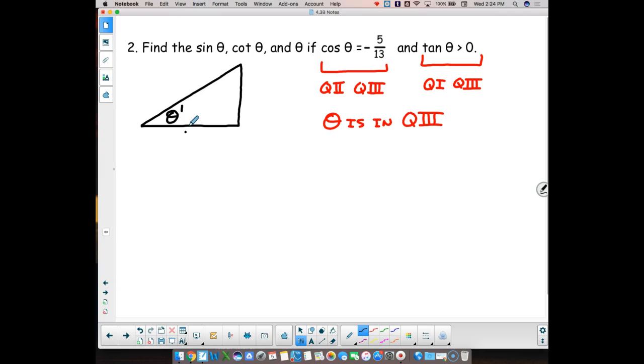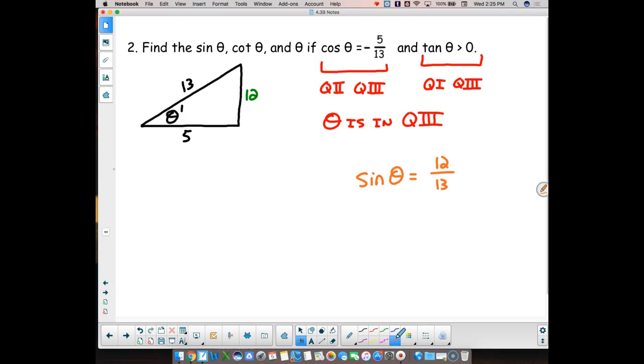Cosine is adjacent over hypotenuse, right? Do the math or know that it's a Pythagorean triple. Leaves me at 12. Okay. So the sine of theta is going to be 12/13, right?